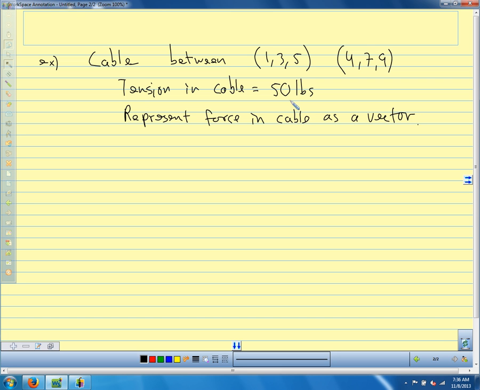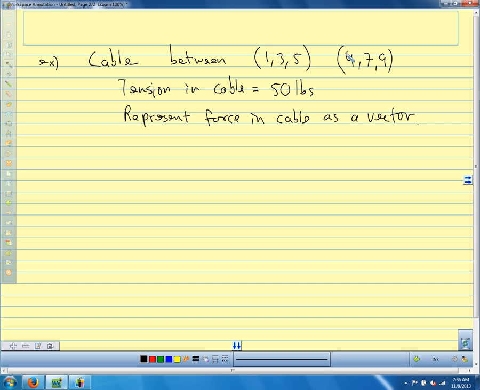So what's going to give us our direction? The vector, the terminal point. So we have our points here, so we can write that as a vector, right?